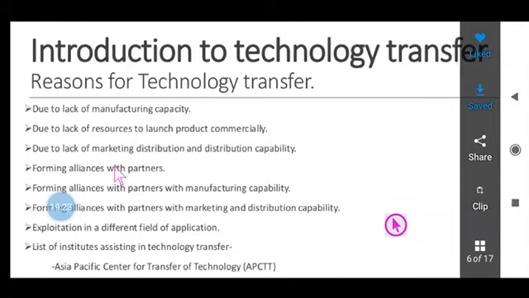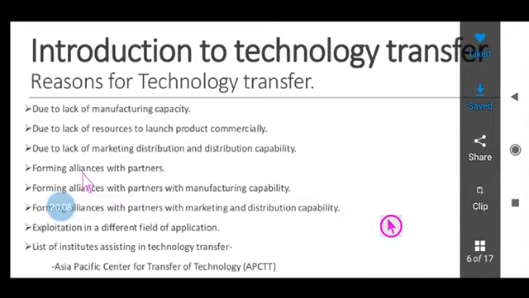Forming alliances with partners. Well, there are several business partners, business units, and technologies. One partner may not be interested to commercialize it or to manufacture it, but he would like to find a partner who is interested to manufacture, or he will be interested to find a partner having the capacity to market or distribute, or we can say to promote the given product.